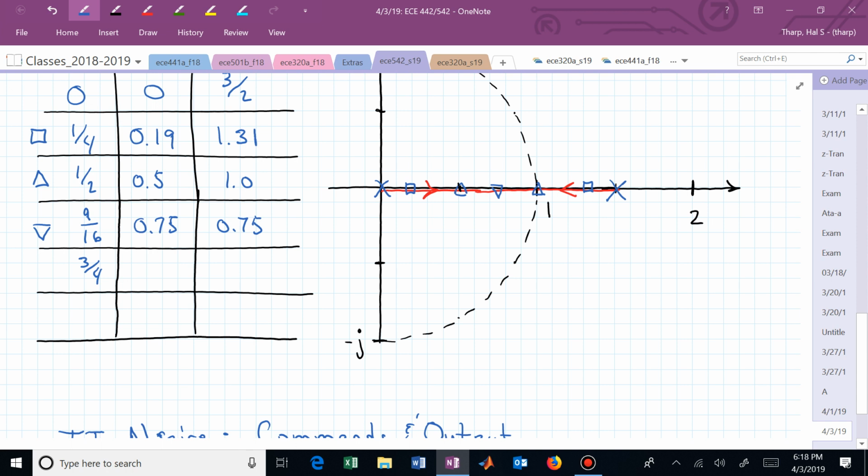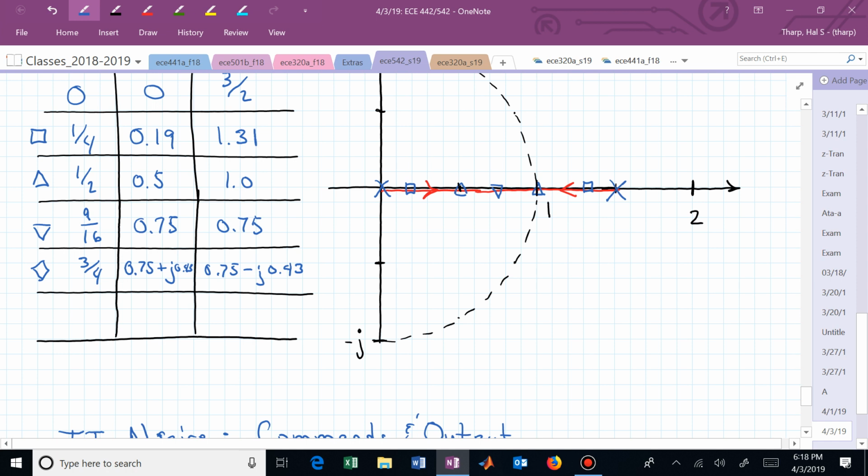And in this case, if I now said 3/4, that's now supposed to be a diamond. They are now at 0.75 plus j0.43. Boy, I should have given myself more room. 0.75 minus j0.43. These roots are going to be conjugates of each other.